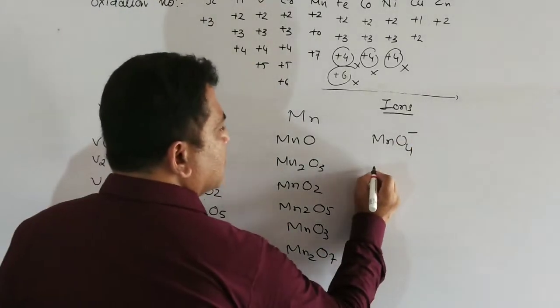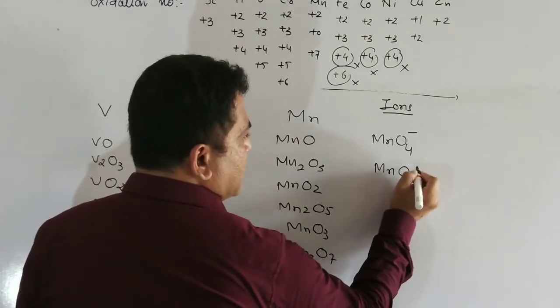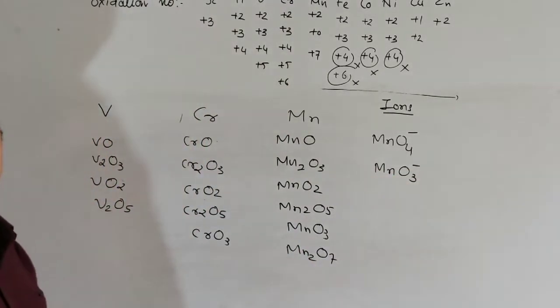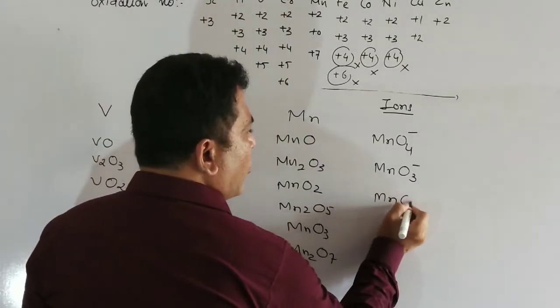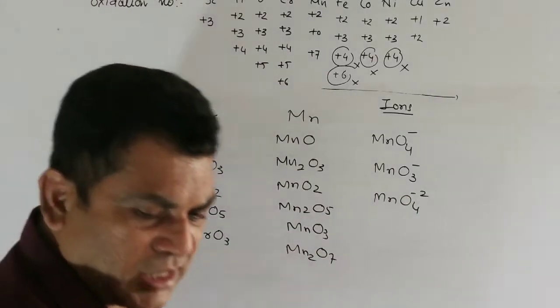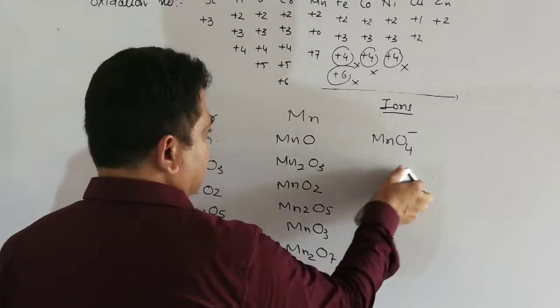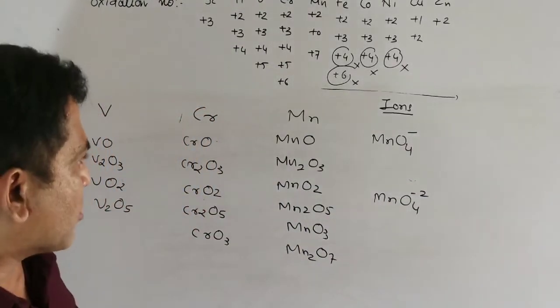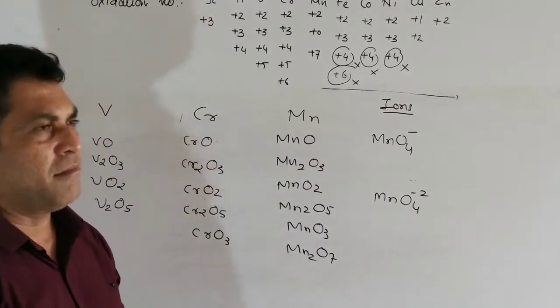Another one is MnO3 minus, and another one is MnO4 2 minus. Out of these we are going to discuss the two ions, MnO4 minus and MnO4 2 minus.